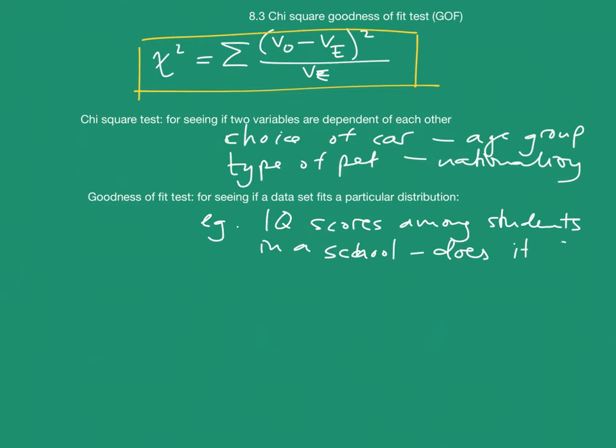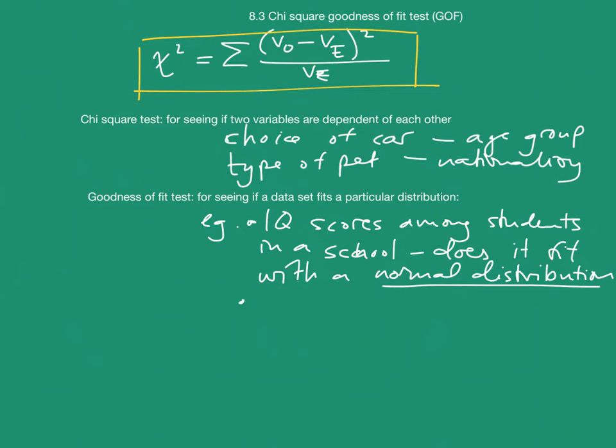Does it fit with a normal distribution? And we know that IQ is distributed normally in a population, and we want to see if this also applies to this group. So in this case, it was to see if data fits with a normal distribution.